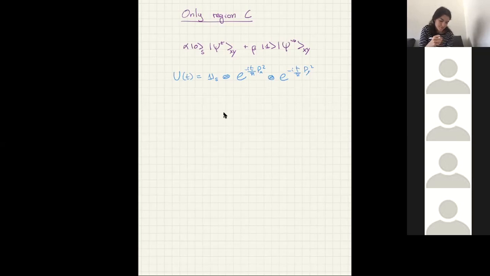Okay, but this is not going to be a very interesting case of what happens in region C because they're really going to go in opposite directions. What we'll do is we'll study a more interesting case in which you still have this kind of initial state where you have a superposition of two parts, but now the evolution is such that they're going to interfere with each other.